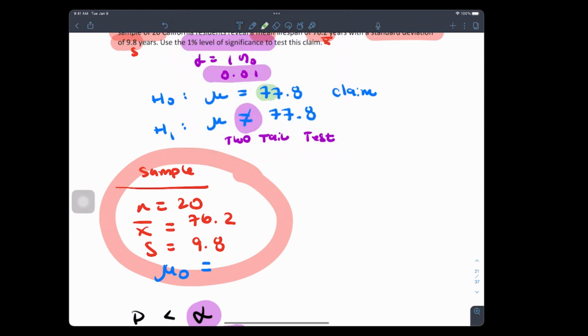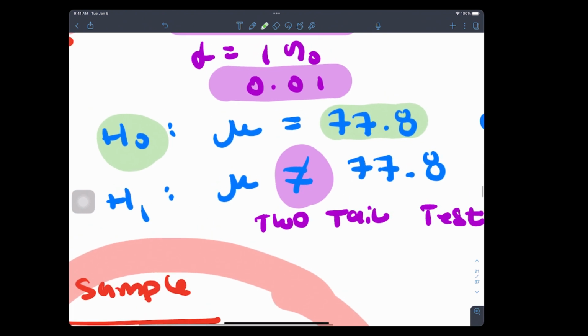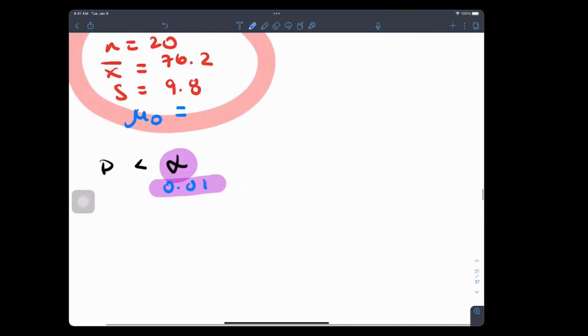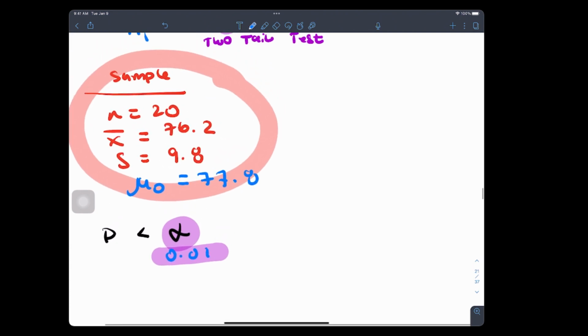Where do you find mu naught? It's the mean in the null hypothesis. So mu naught is 77.8.